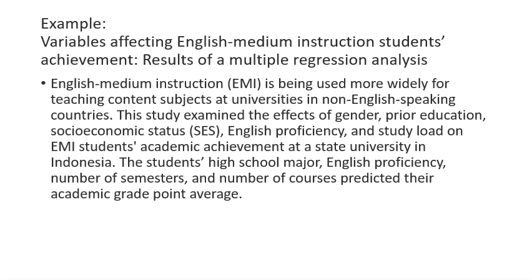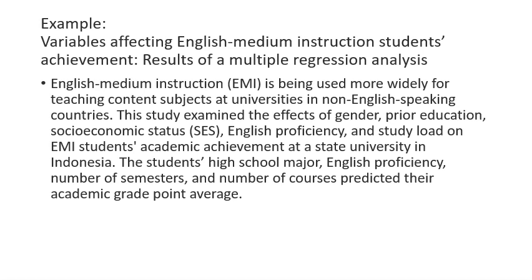What this study was looking at is students in another country, I can't quite remember where right now, I think maybe Indonesia, and the students' primary language was not English, but a lot of their classes were in English, and that's what they mean by English medium instruction. And so they were looking at what variables can predict how students are going to achieve in these English medium classes. And this is a little summary of their results.